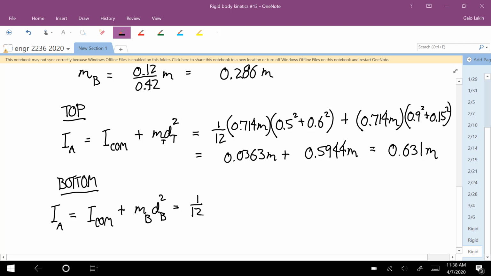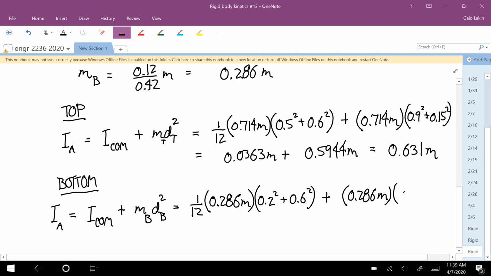So that's 1/12 times the mass of the bottom, 0.286 m, times 0.2 squared plus 0.6 squared, and then the parallel axis theorem part, 0.286 m, times the distance from the center of mass of the bottom piece to the hinge, which is just 0.3 squared.